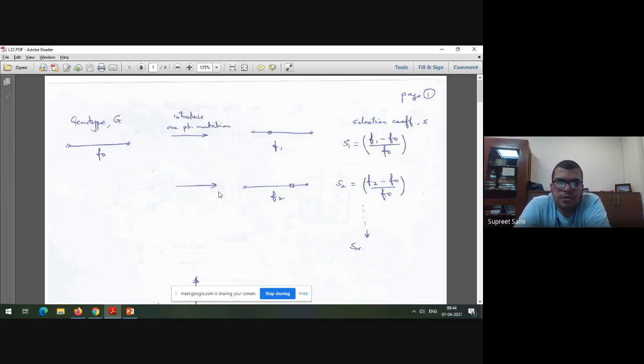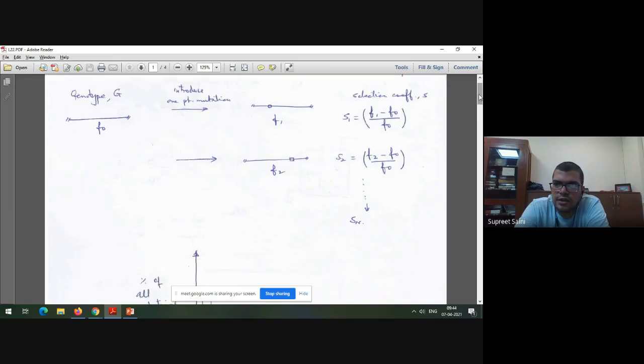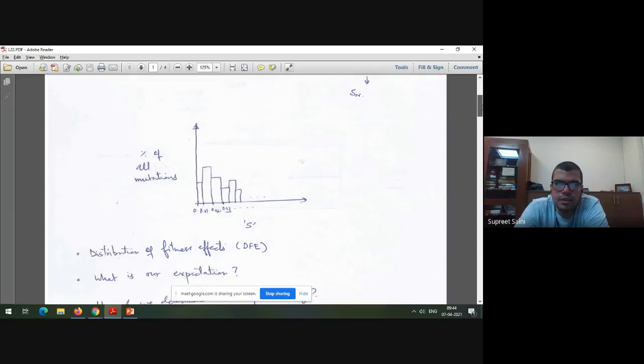So we keep doing this over and over again, and let's say we do this thousands of times. What we have is, in this genotype, when we introduce a beneficial mutation, the corresponding S's for that beneficial mutation in this parent genotype. At the end of collecting information about these thousands of selection coefficients, what we are going to do is make this graph.